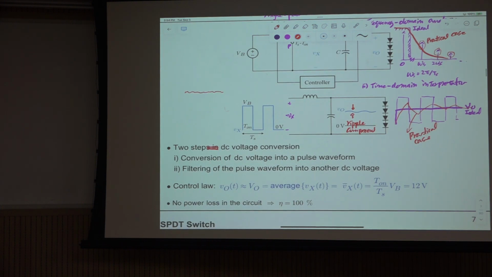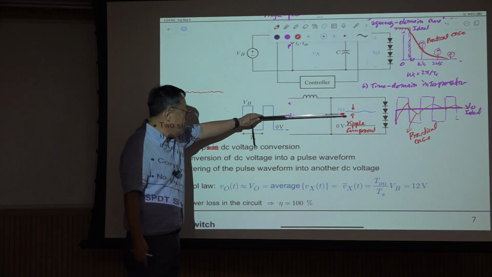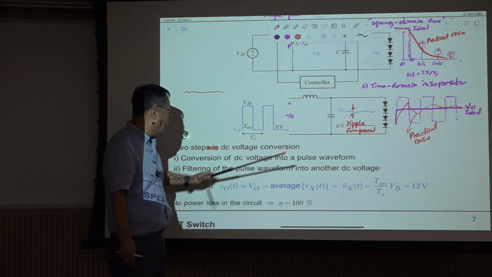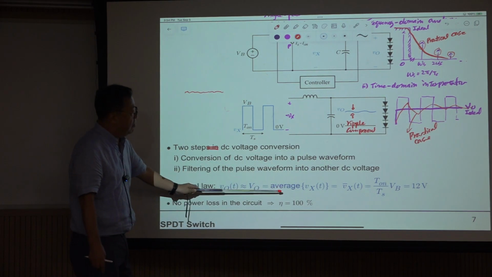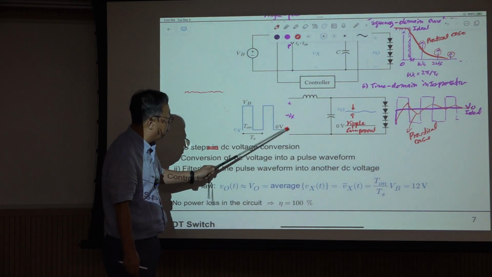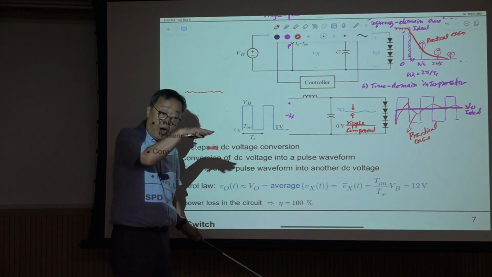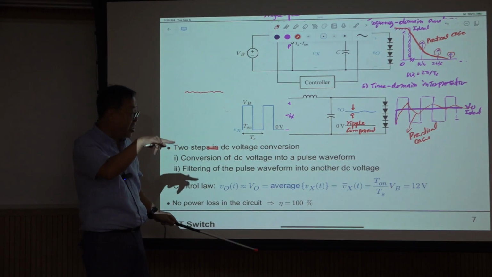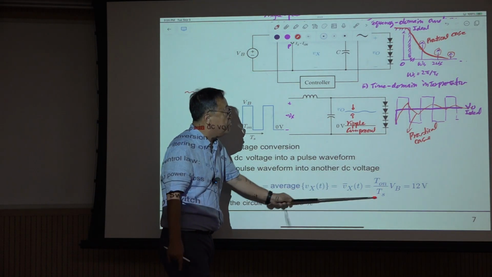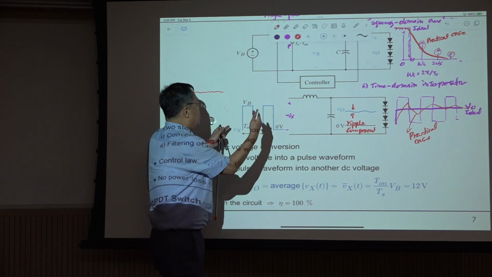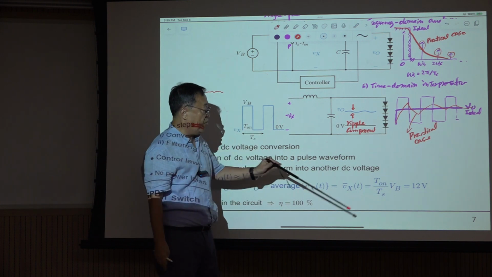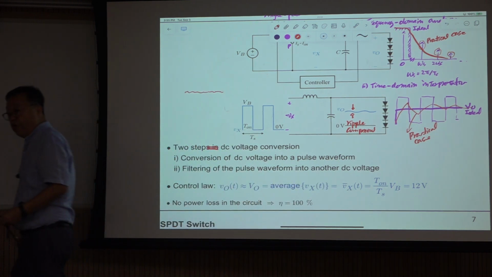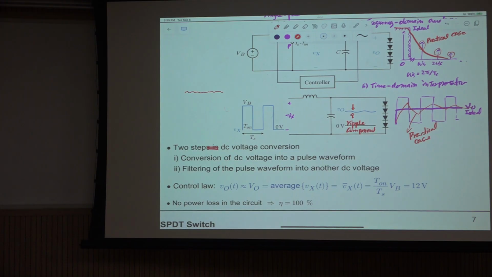And the control law is that you want this output as constant as possible, with minimal ripple component. So our voltage is almost DC, and that value is the average value of this voltage. We use an overbar to represent the average of something. And this is the average weighting factor, because this is TS, and it has this value only in this period. This weighting factor is called the duty ratio, the duty cycle of the active switch.